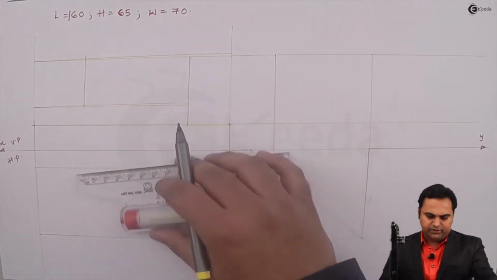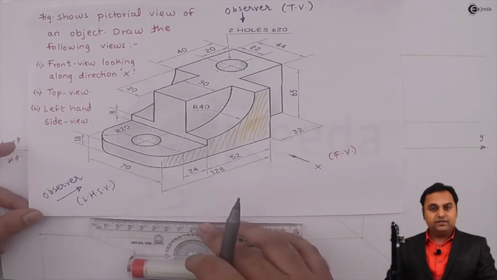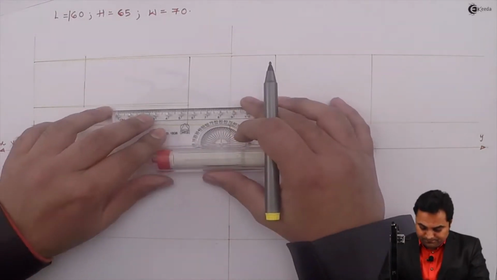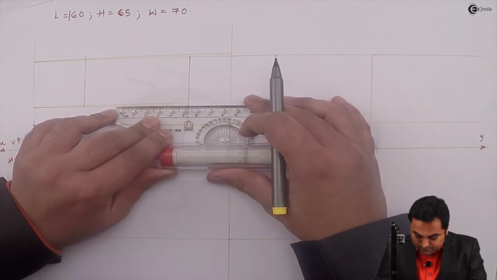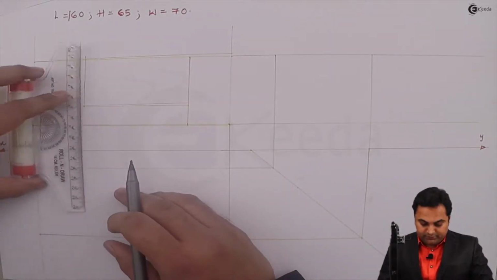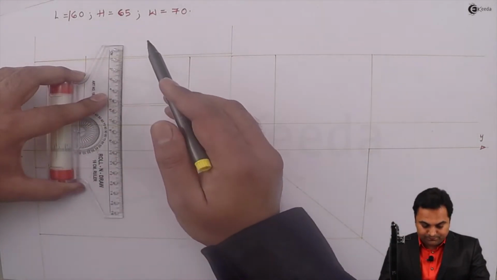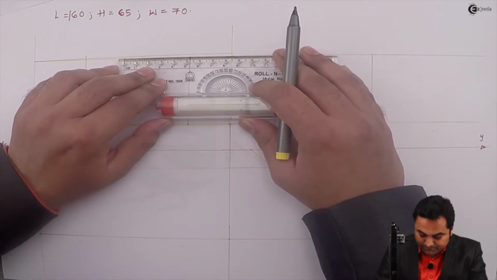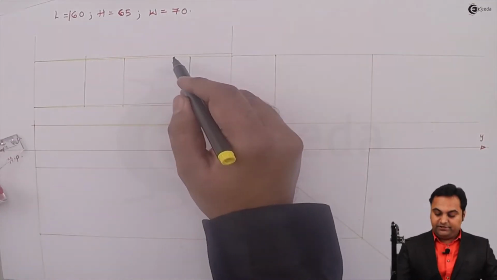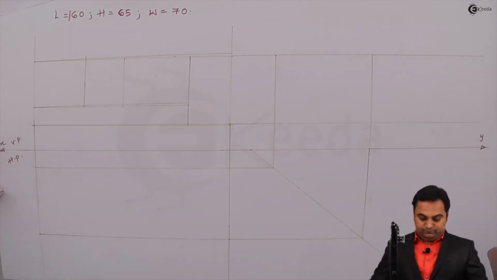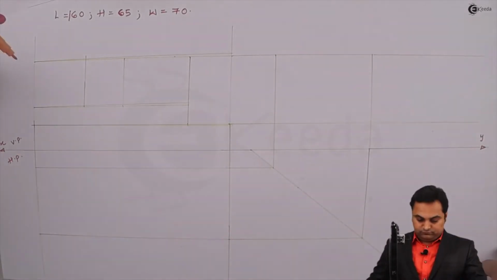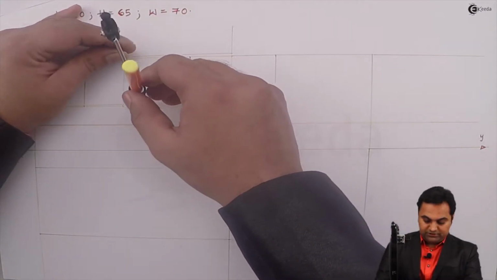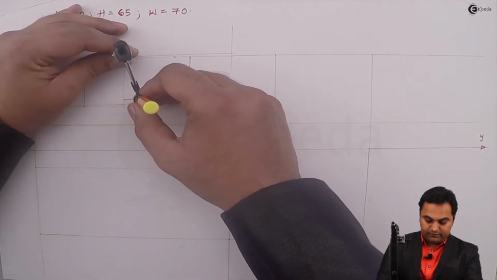Or what I can do here is I'll take the reference from this right hand side, that is taking 52 mm, and then drawing a light vertical line. And now from here I have to measure the radius 40. So this remaining distance will be 12 mm. Measuring this radius and drawing a light arc.